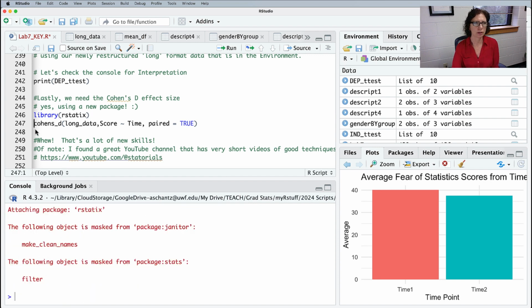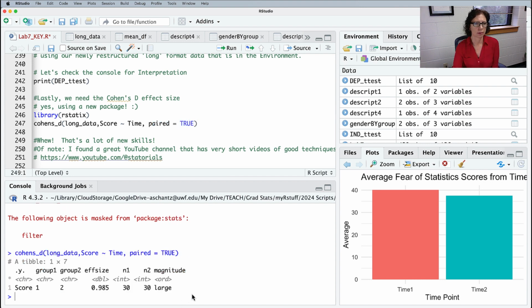And this one uses Cohen's d, using long data, score predicted by time, paired true. So we have our effect size of .985, and at least in R, it even tells you what the magnitude is, that it's a large magnitude, which we can also see on our cutoffs table for Cohen's d.